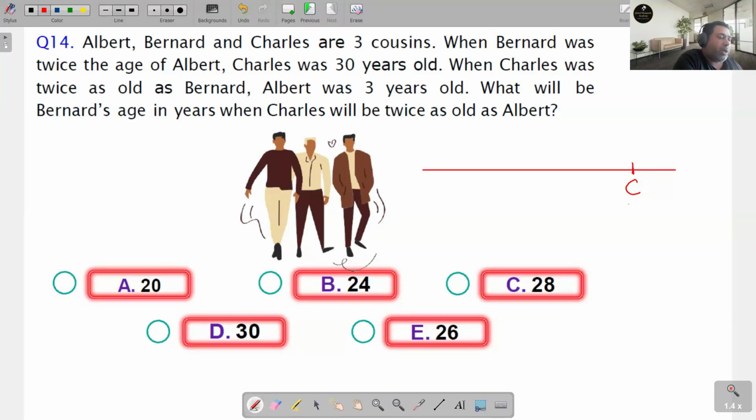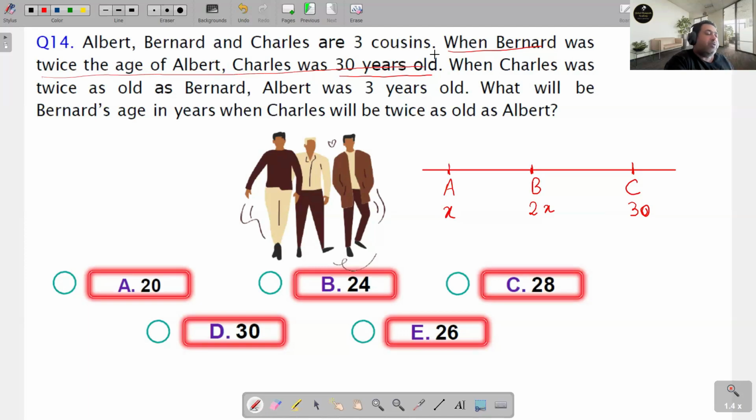So when Charles was 30, as given here, Bernard was twice the age of Albert. So let's say Albert's age here was X. In that case, Bernard's age would be 2X. We are talking about the first condition. So this is our starting point and this is our basis. We take the first statement as the basis of forming the equations.